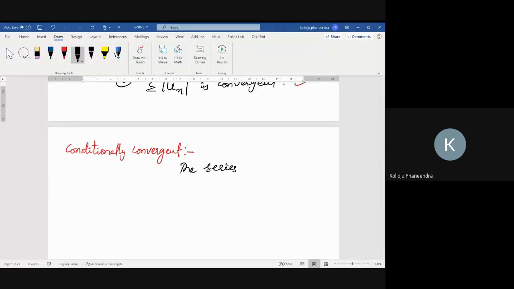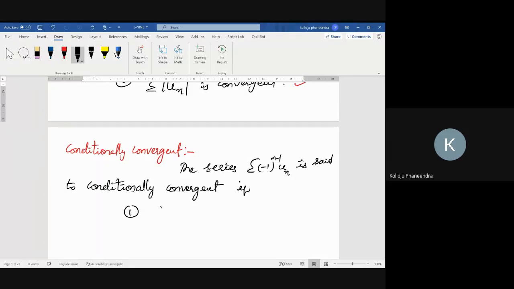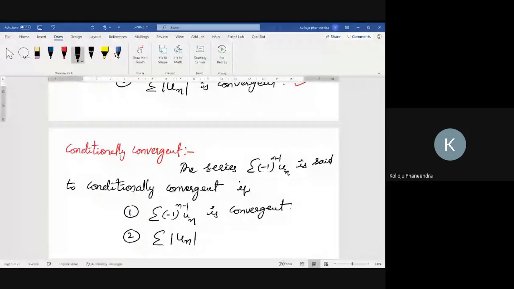The series sigma minus 1 whole to the power of n minus 1 un is said to be conditionally convergent if the first condition is that the alternate series is convergent, and the second one, the positive term series or absolute series is divergent.